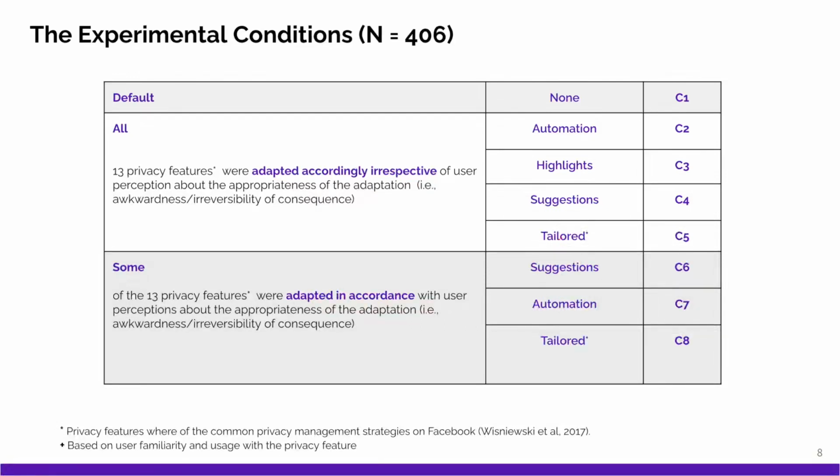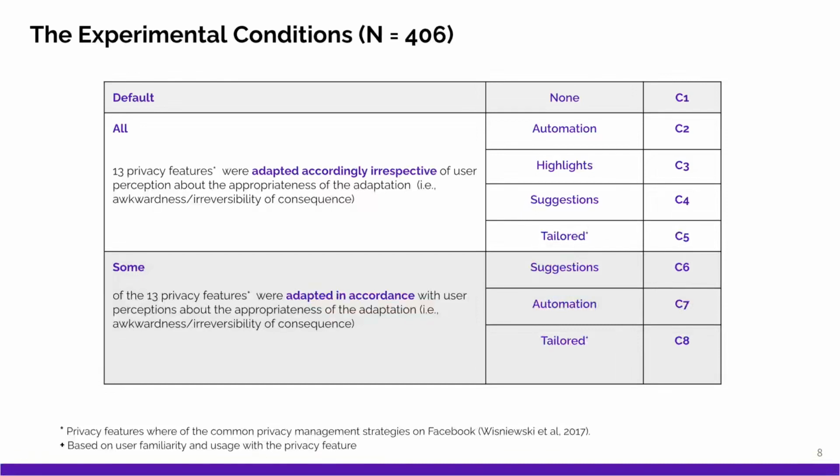So based on how frequently users indicated they used the privacy feature, or how aware they were of the privacy feature. Specifically, the automation adaptation was applied to any privacy feature the participants used frequently or indicated using frequently on Facebook.